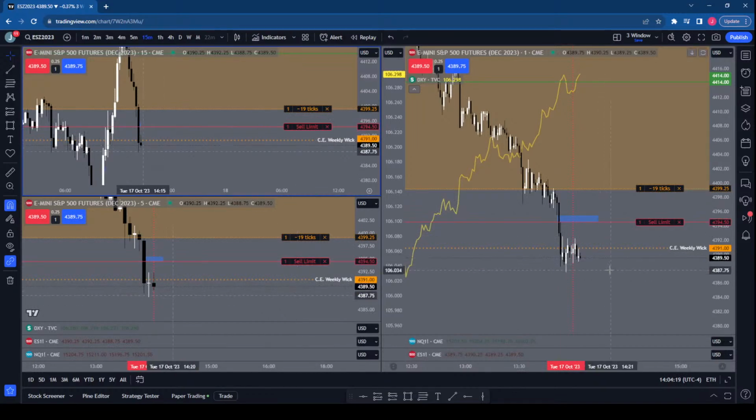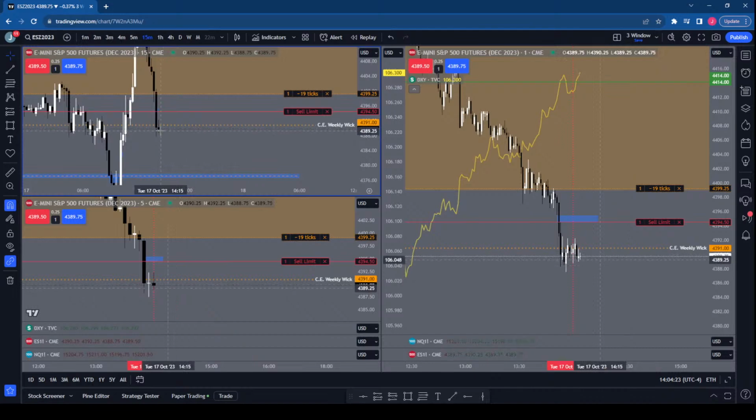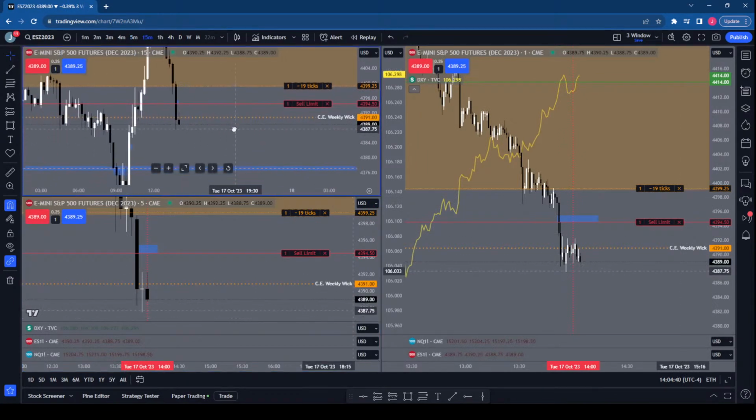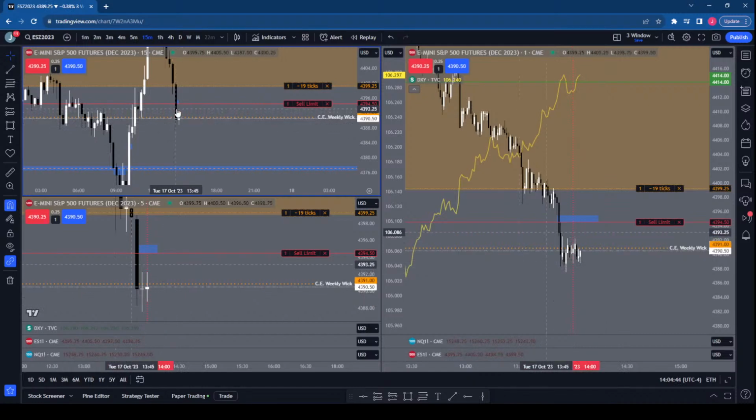So I'm going to let this order sit here because I wouldn't be surprised if it takes a few minutes to get up there. Because I've seen scenarios where, when you have a fair value gap on the 1, 5, and 15, it wants to enter it on the 15.